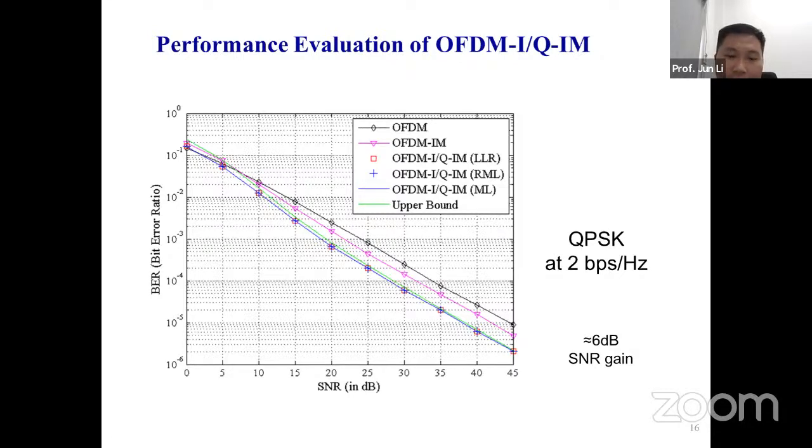So in the high SNR, the OFDM-IQ-IM will of course get better performance than the OFDM-IM, and the spectral efficiency for these schemes is 2 bps per hertz, right?